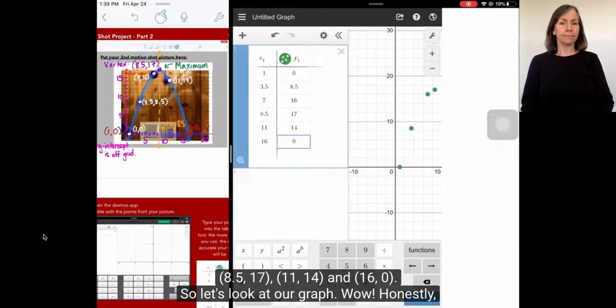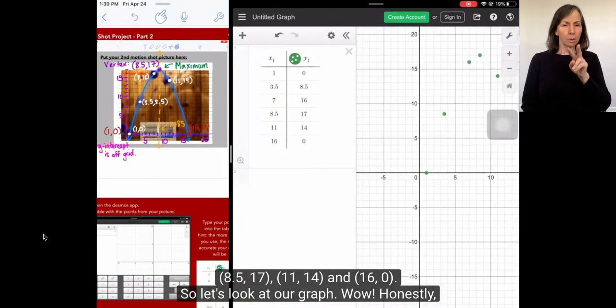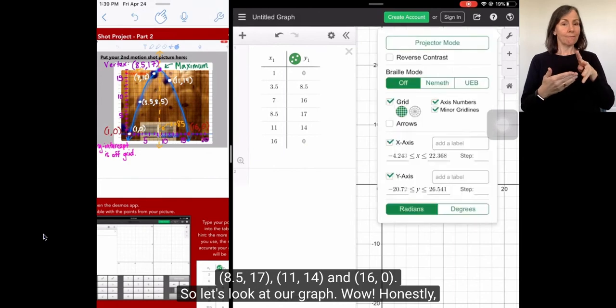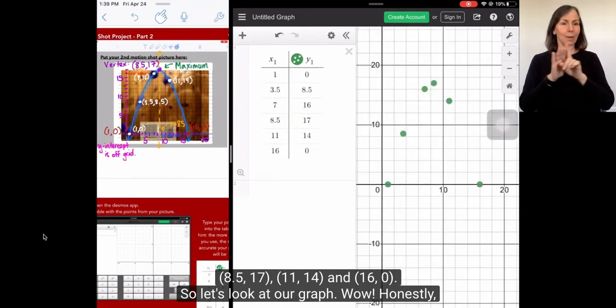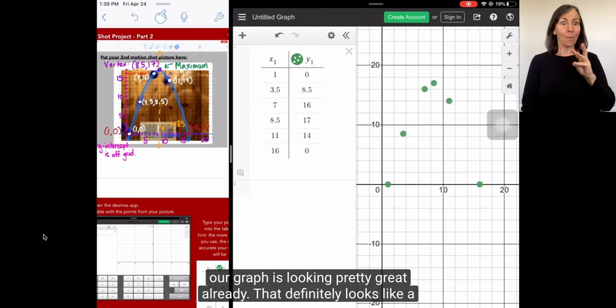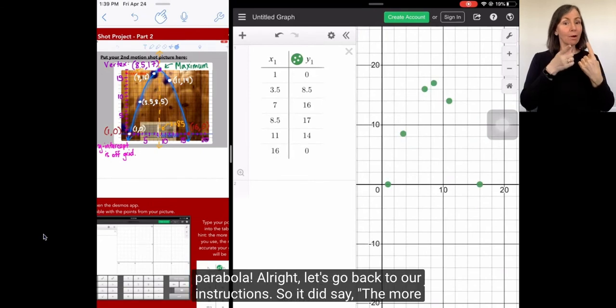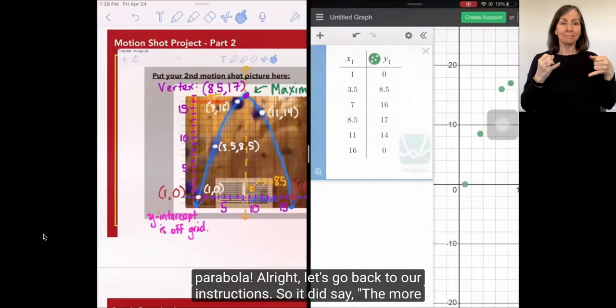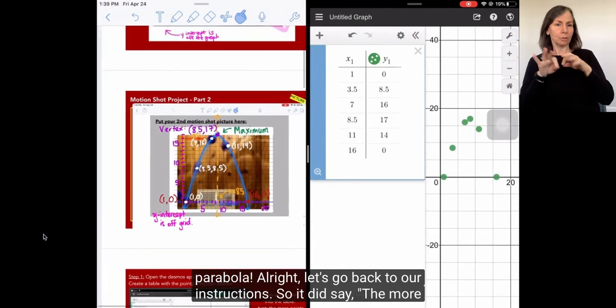So let's look at our graph. Wow, honestly, our graph is looking pretty great already. That definitely looks like a parabola. All right, let's go back to our instructions.